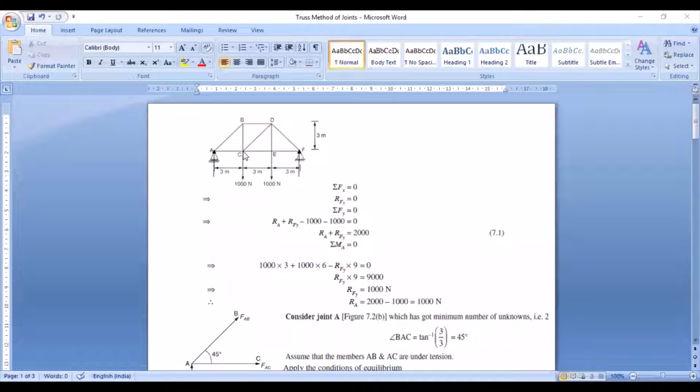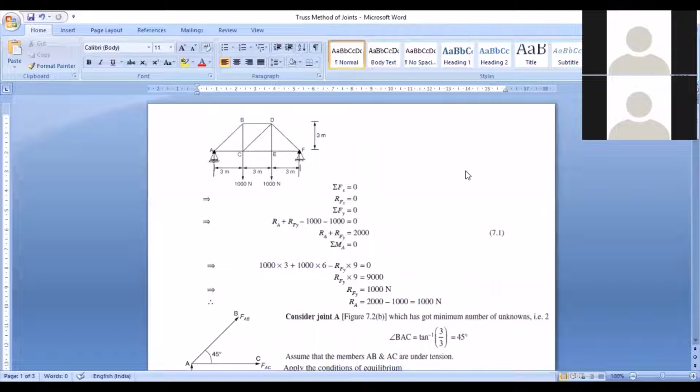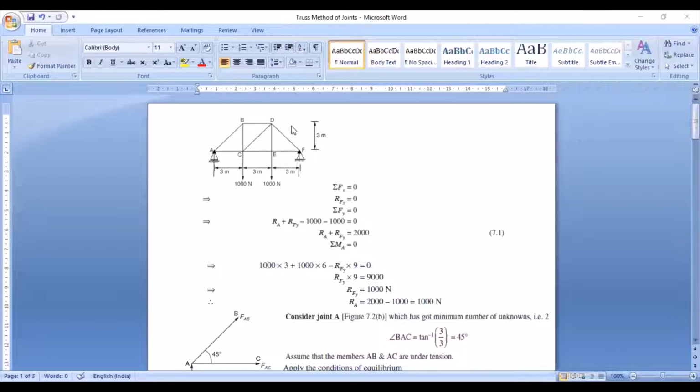It is CA, CE, CD, and CB, along with the 1000 Newton force. CE is unknown, CD is unknown, CB is unknown, CA is unknown. So the total number of unknowns is 4. I cannot take this joint C.